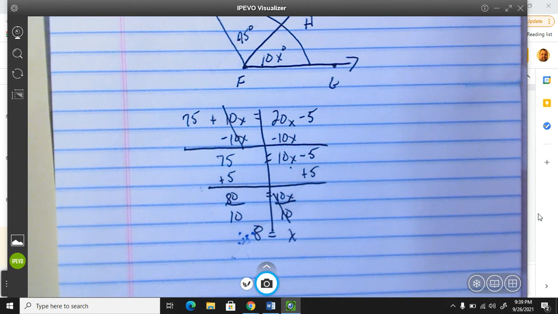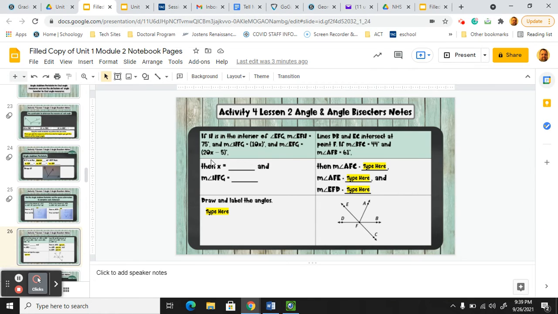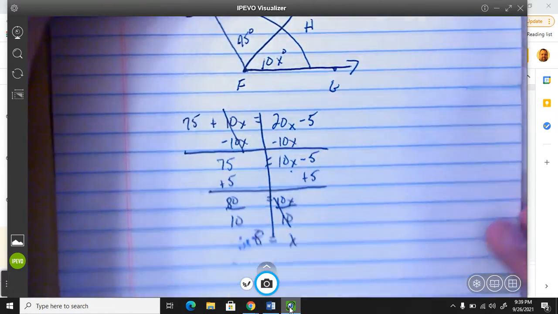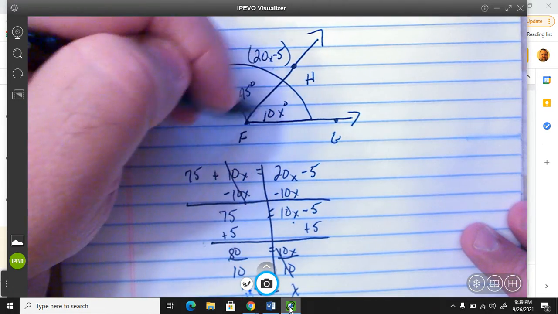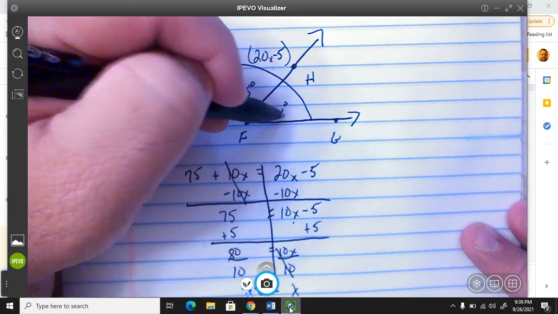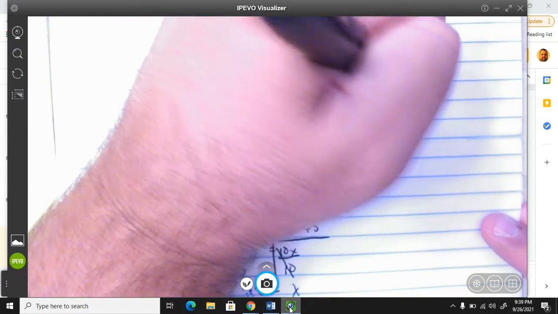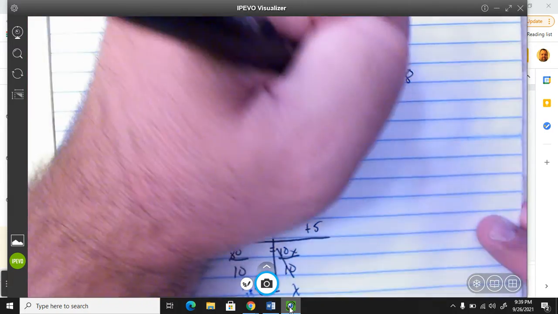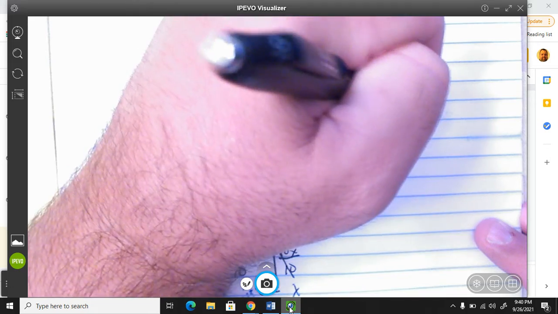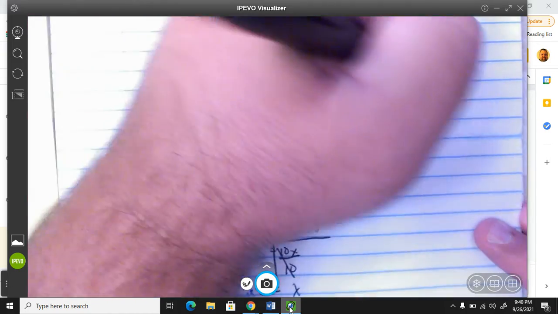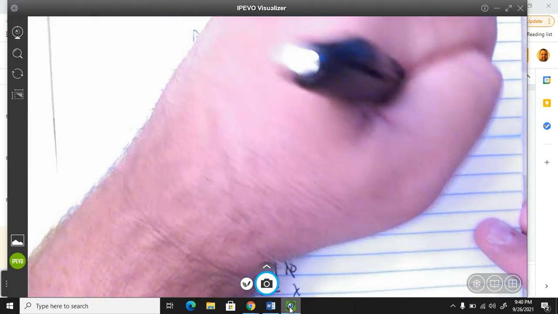All right, so let me go back. I found x, so now I'm going to look at HFG. So HFG was 10 times x. So x equals 8. The measure of HFG is 10 times that x.